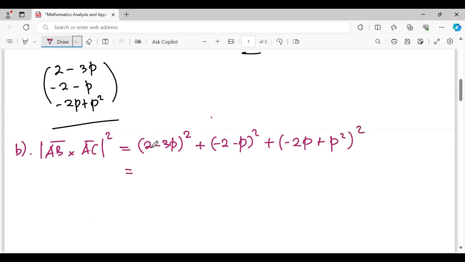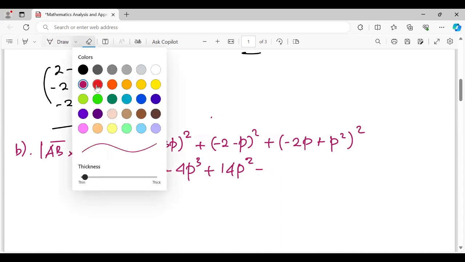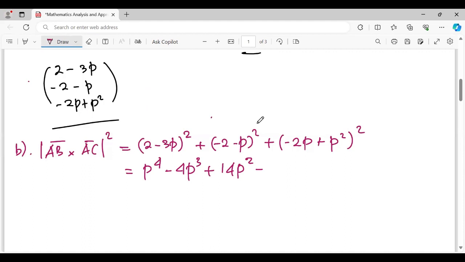If you expand this, it will be p to the power 4 minus 4p cubed plus 14p squared minus 8p plus 8.